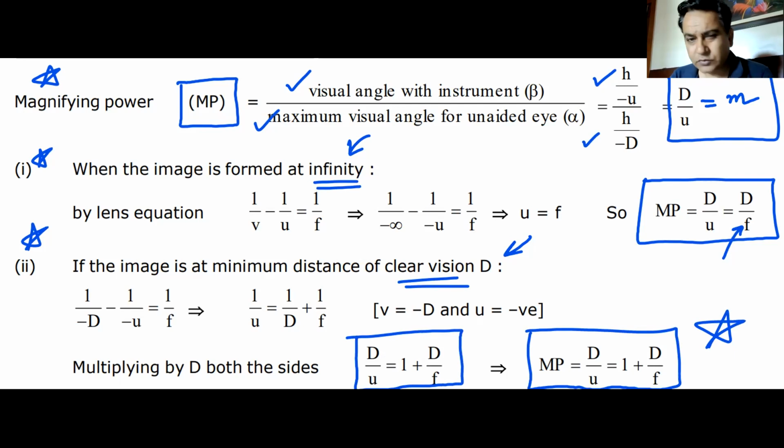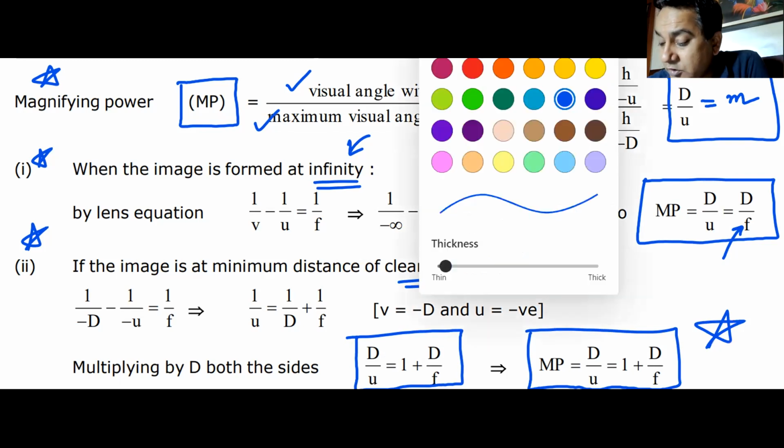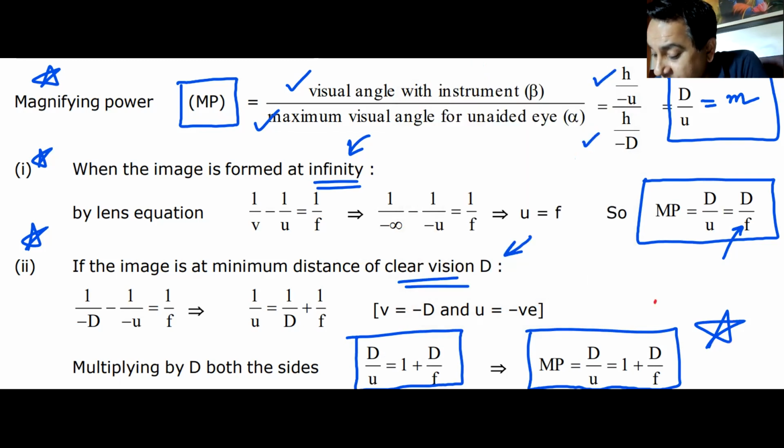It is always d by u, but u becomes equal to f. When the image is formed at least distance of distinct vision D, the formula becomes 1 plus d by f. So the only difference between the two formulae is the value of this 1. In case of least distance of distinct vision, it becomes 1 plus d by f. In case of infinity, it becomes d by f.